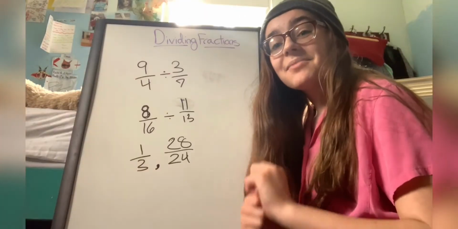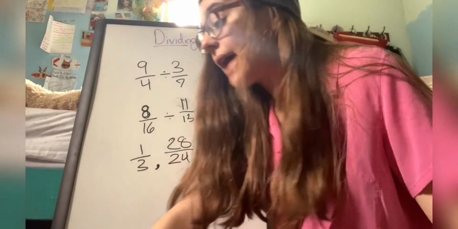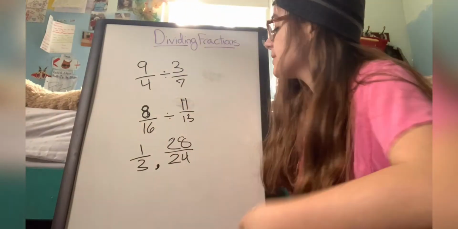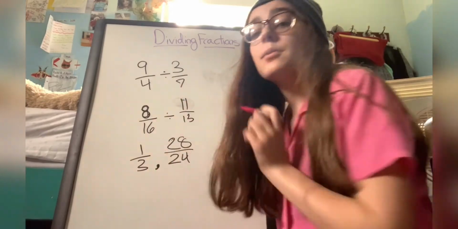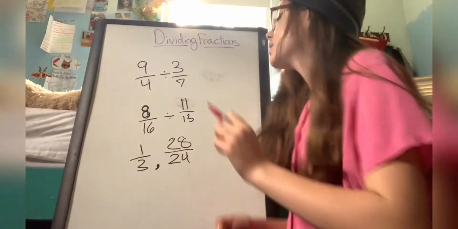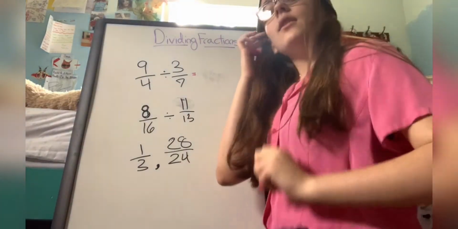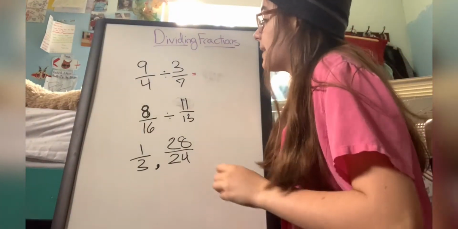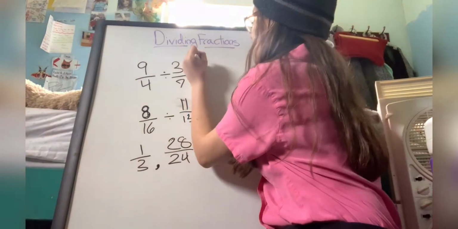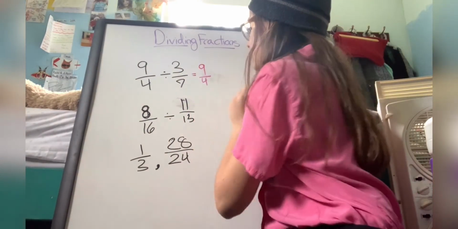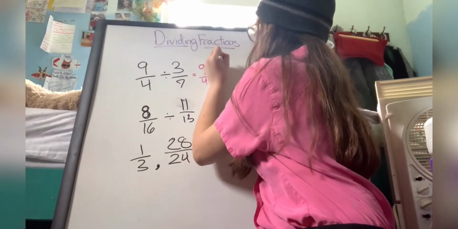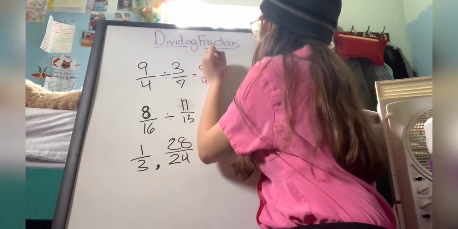Now, here are some practice problems. I only have 2 practice division problems and then some reciprocal practice at the bottom. So we have 9/4 divided by 3/7. You would get 9/4 times 7/3.